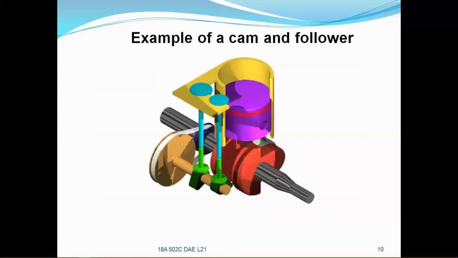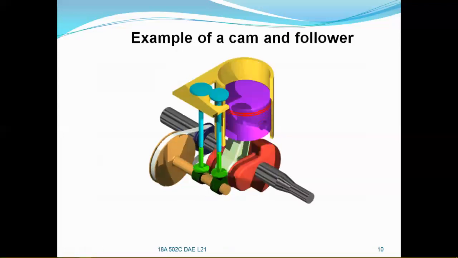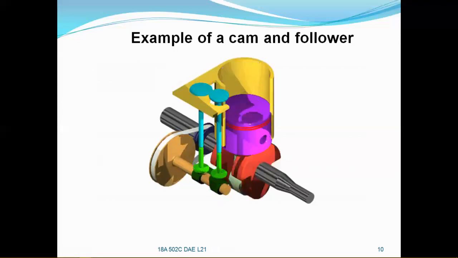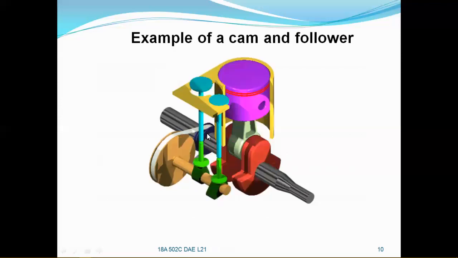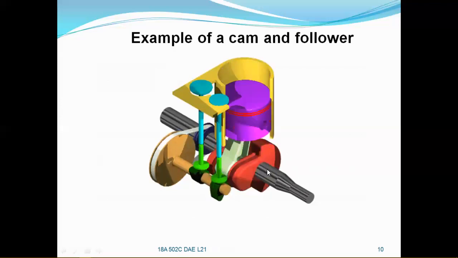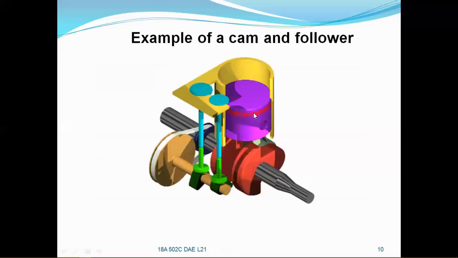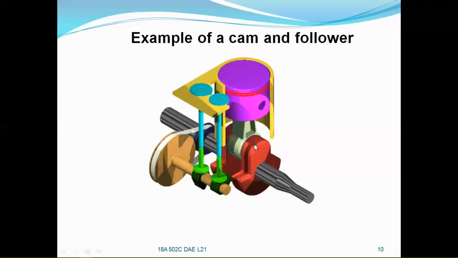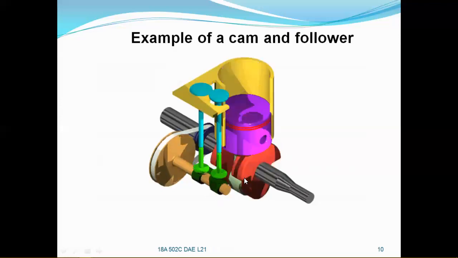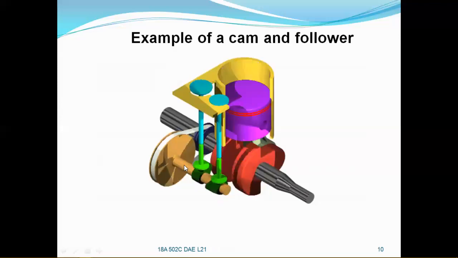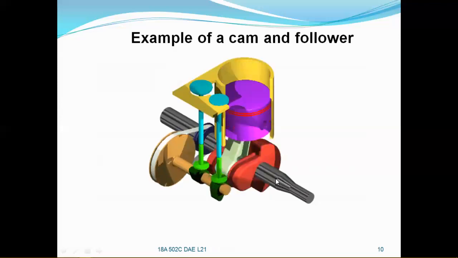Here you can see what looks like actual IC engine parts. This is the crankshaft, piston rings, cylinder, connecting rod, crank pin, and crank. And this is the camshaft, which is driven by the crankshaft.